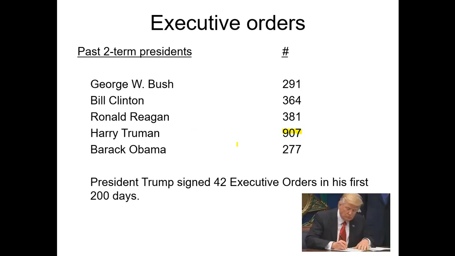Donald Trump did start off quite actively, signed 42 executive orders in his first 200 days, which would have put him on this level right here, but he has slowed down somewhat since then. But we will continue to see that executive orders will be a common and perhaps increasing use of presidential power, particularly if Congress is not becoming more active in passing legislation as was originally intended.